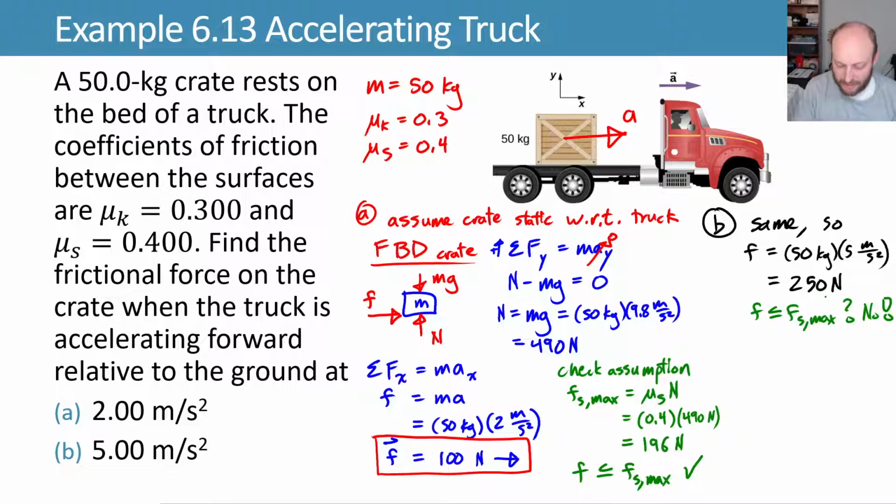No, it's not. 250 is not less than 196. So this can't be true here. That means the friction has to be kinetic.